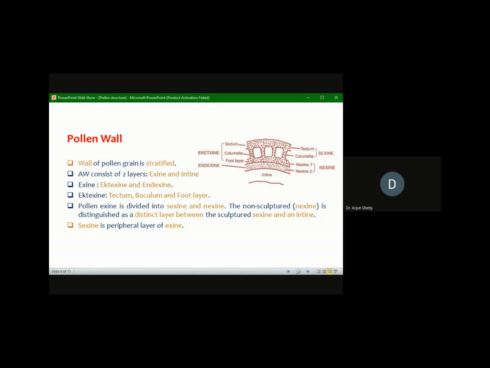Based on structural differences, we can classify the exine into two types.